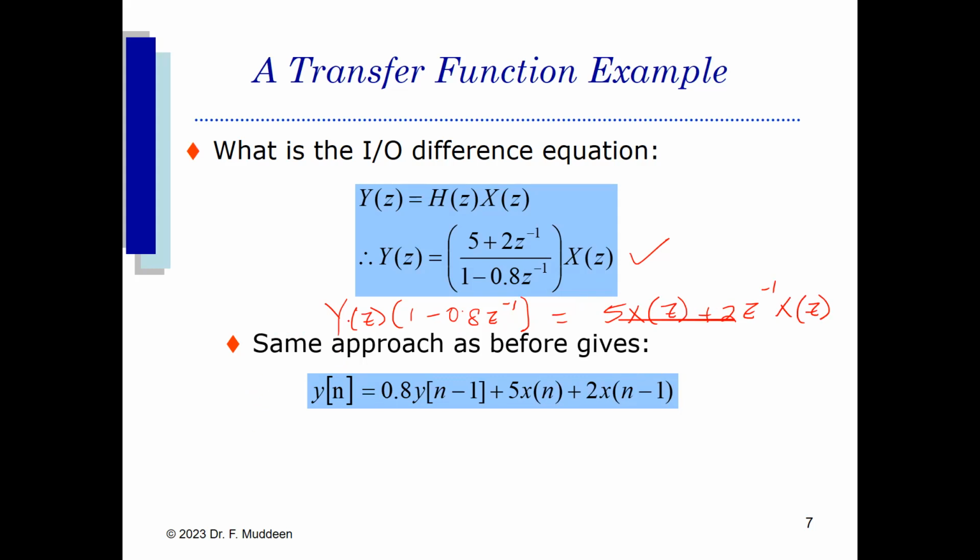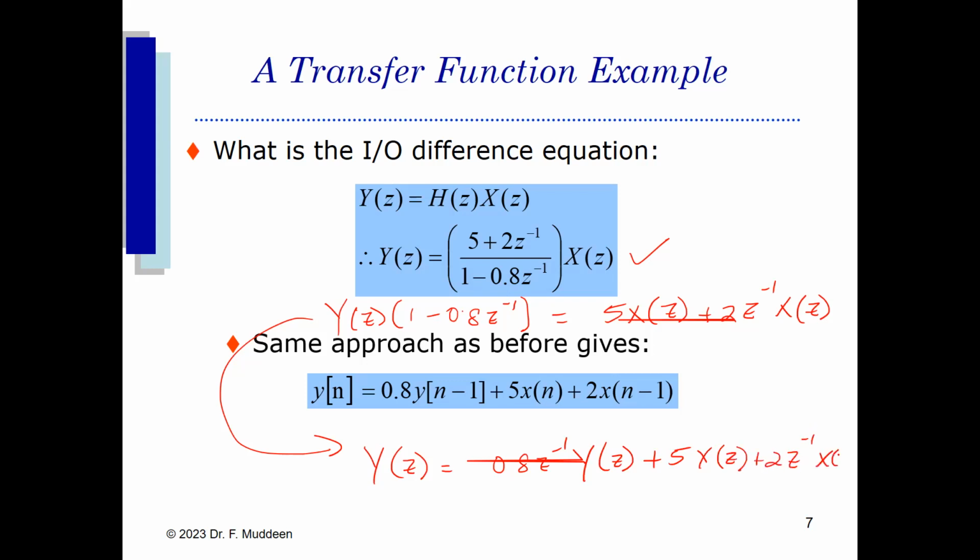So Y(z) is equal to 0.8 z^-1 Y(z) plus 5 X(z) plus 2 z^-1 X(z). And I can read off the difference equation directly from that. The inverse transform of this is y[n].